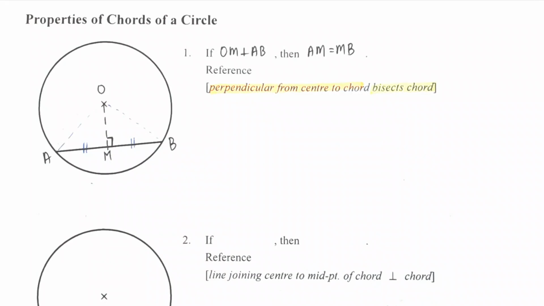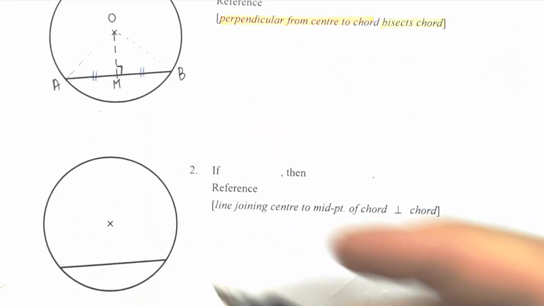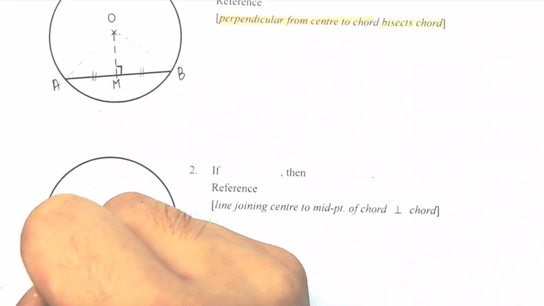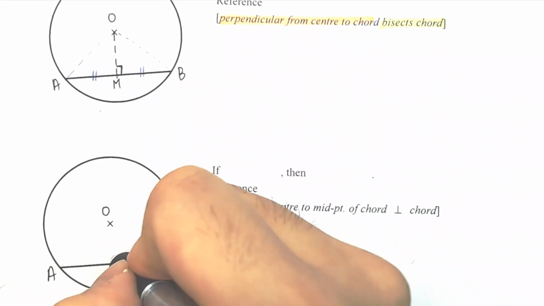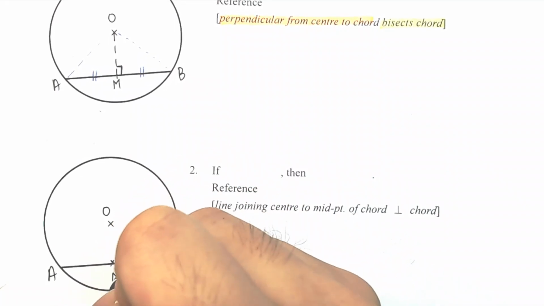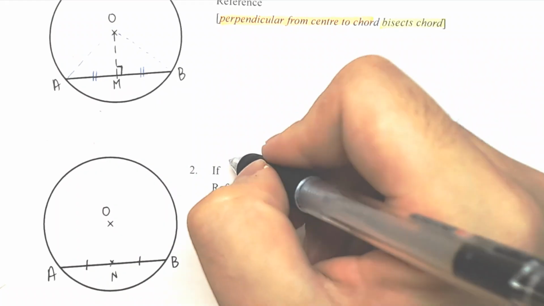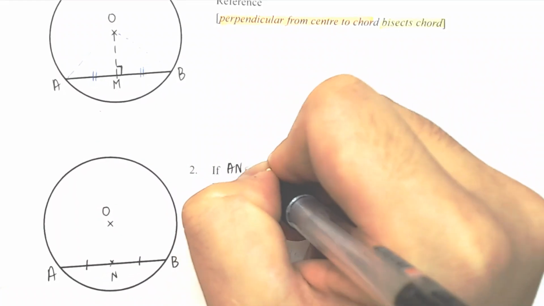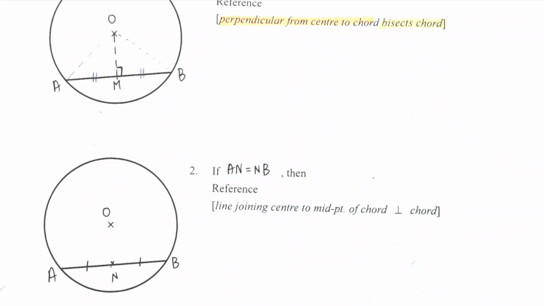The second one is about the converse of the first one. If we have the center and two endpoints A and B, and I mark a midpoint N here, if AN is equal to NB, then you should guess what the result is.